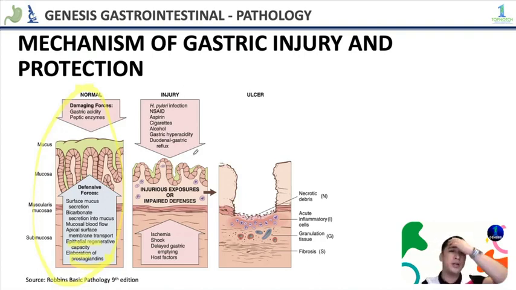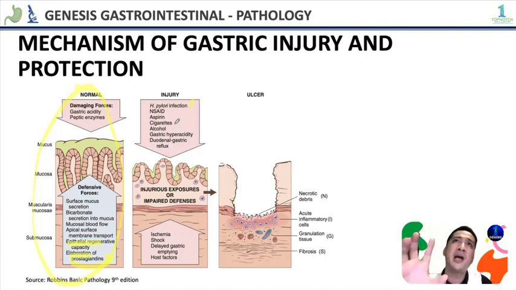Now, do not forget also the other injurious agents I've mentioned earlier. We have your NSAID, H. pylori infection, one of the most celebrated infections in the world that can cause gastritis. Cigarette smoking will cause vasoconstriction. There is decreased blood flow going to the stomach, to the organ. Hence, there is ischemia.